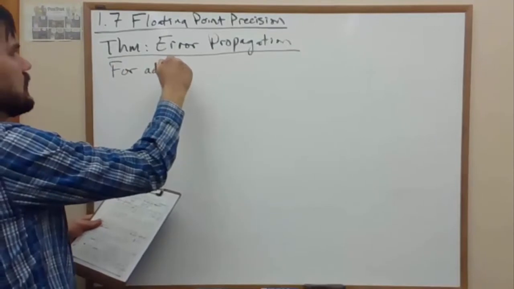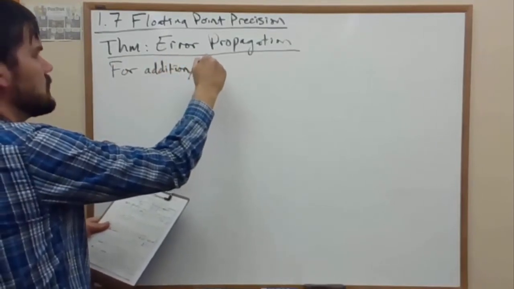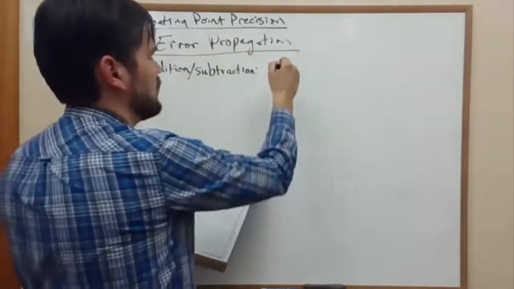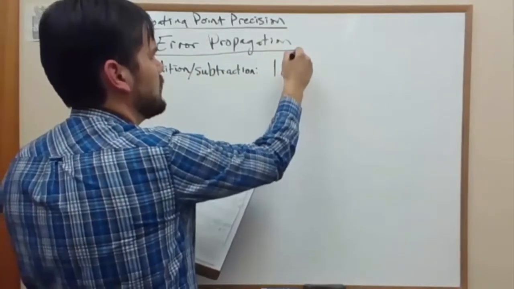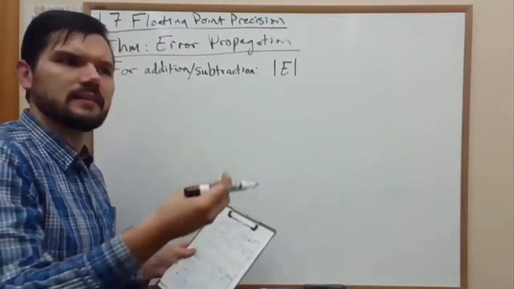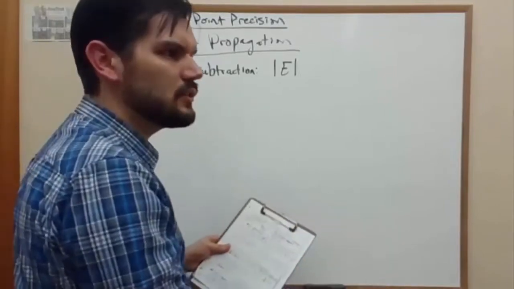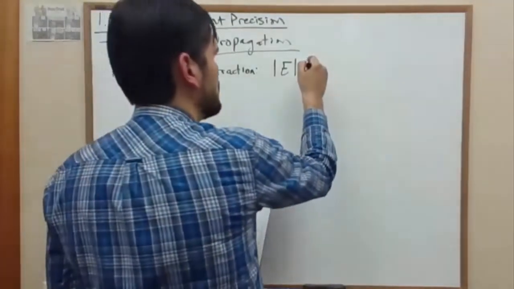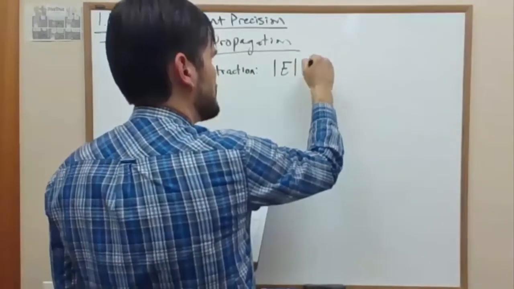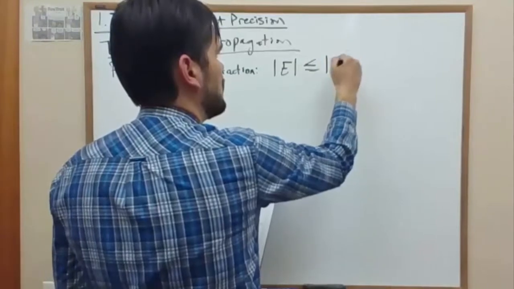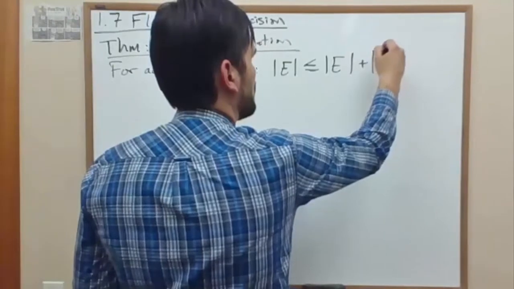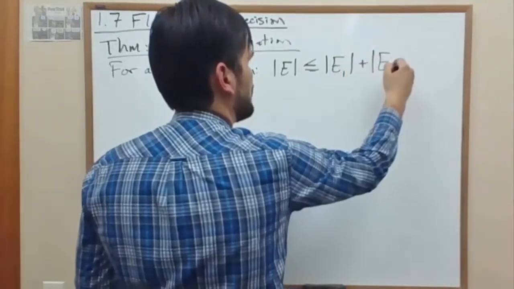For addition and subtraction, the magnitude of the error in adding two numbers which are approximate to the true values of those numbers is less than or equal to the sum of the errors, error 1, error 2.